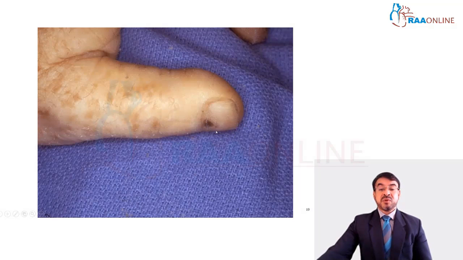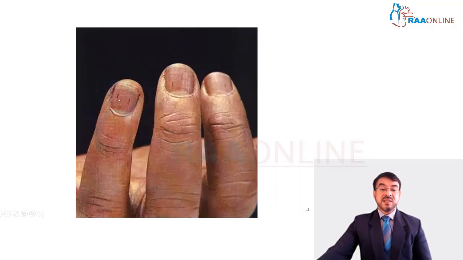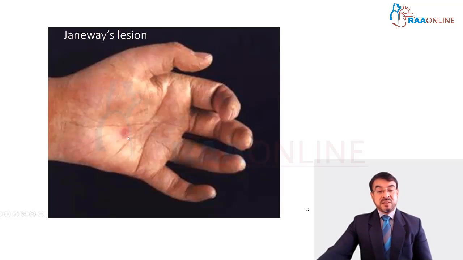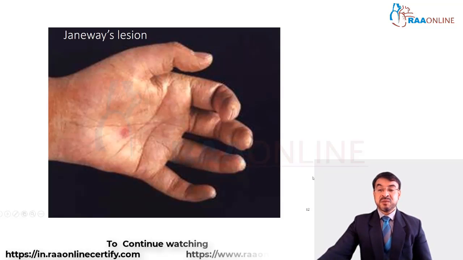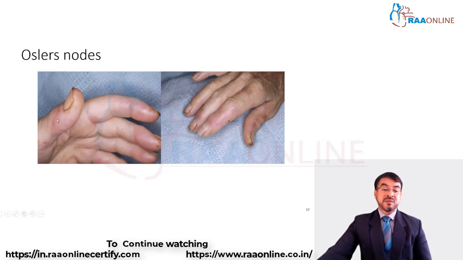Another close-up view of splinter hemorrhage. Another picture of hemorrhage in the form of splinters. Another clinical picture of a Janeway's lesion. Now all this should help you understand the various immunological phenomena. Osler's nodes in the pulp spaces of the fingers, painful, red and raised.